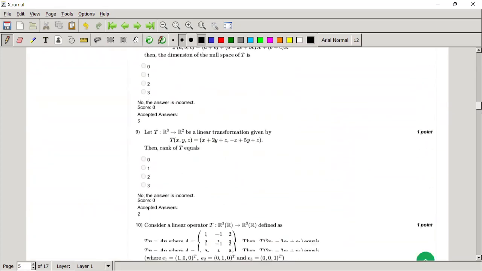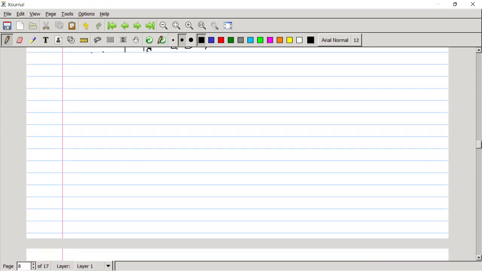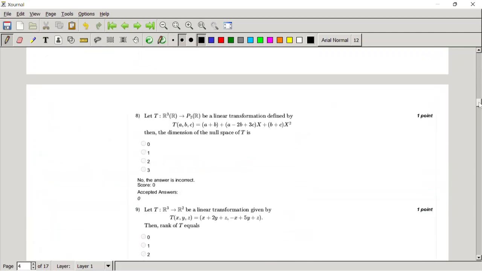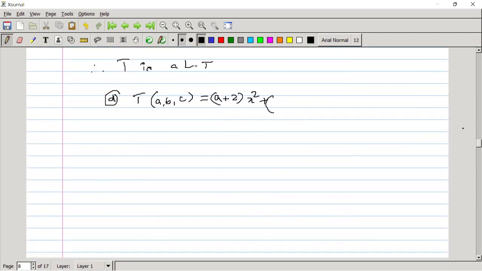Let me write the function here: T of a, b, c equals a plus 2 times x square plus (2b plus c) times x plus (a minus c) times 1.